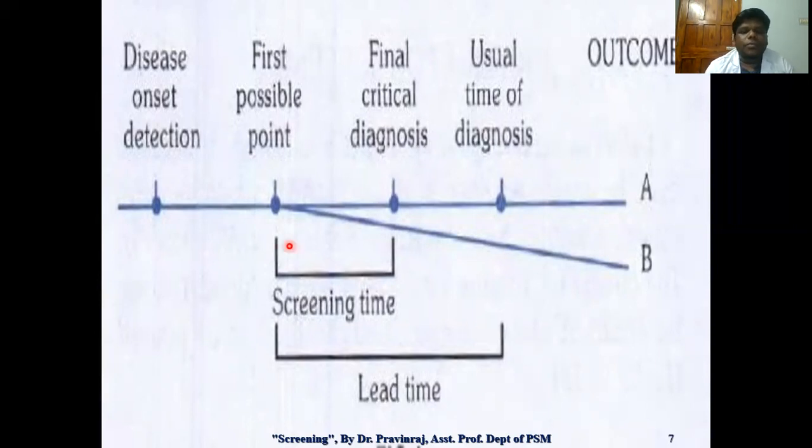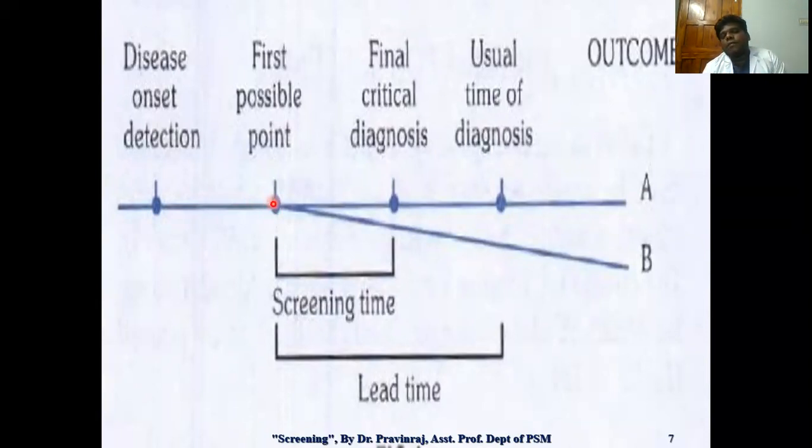Let us take some disease. This is the progression of the disease. So the disease agent comes here. The onset of disease, that is the biological disease onset, starts here, and the disease slowly develops. Then at some point we are able to pick up the disease.